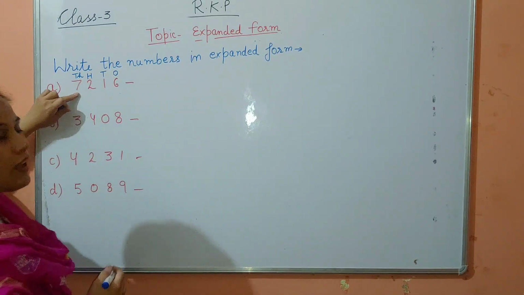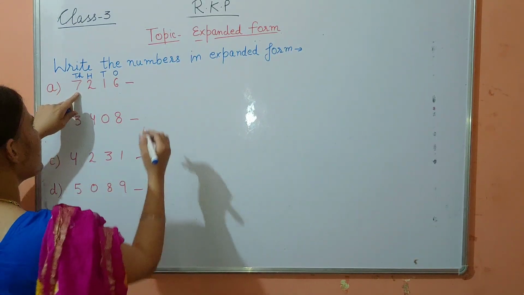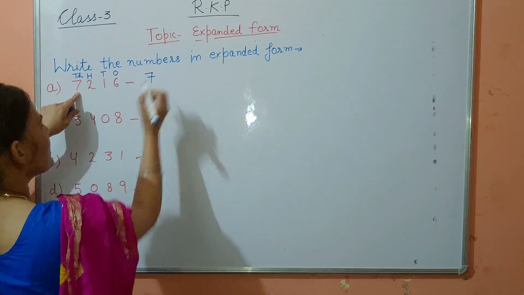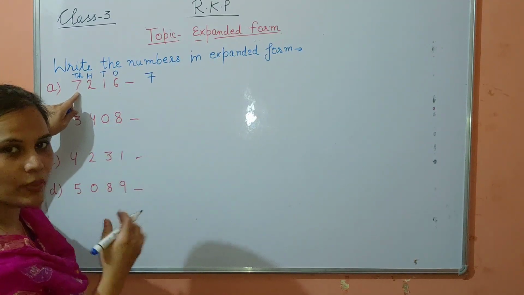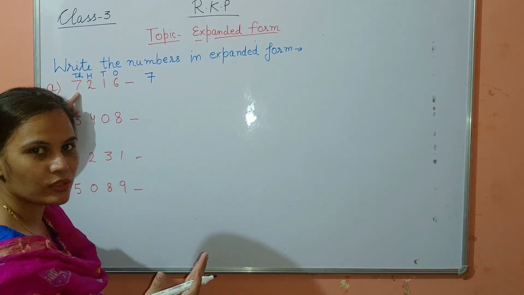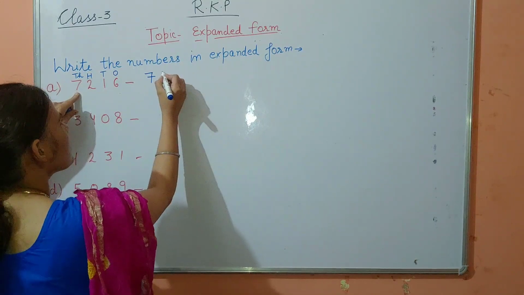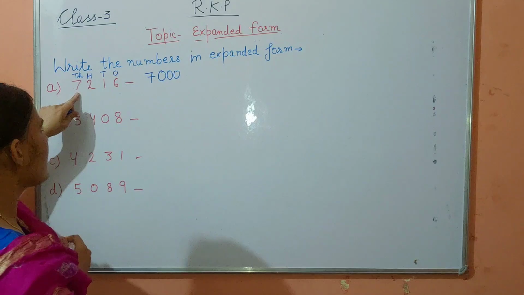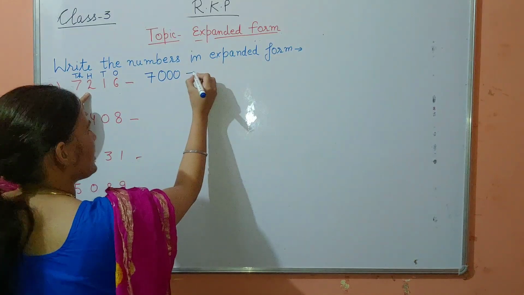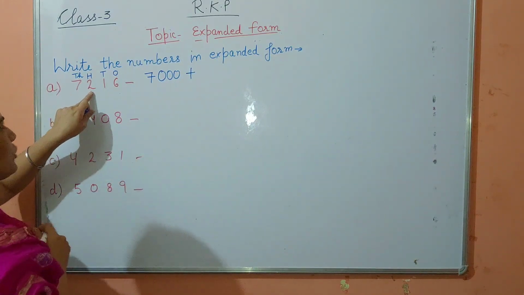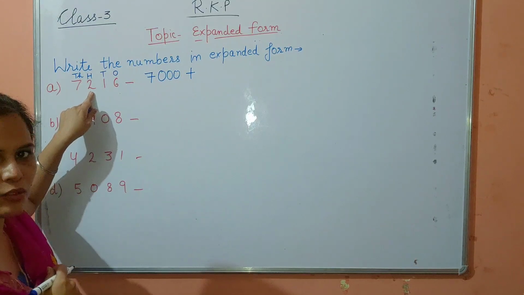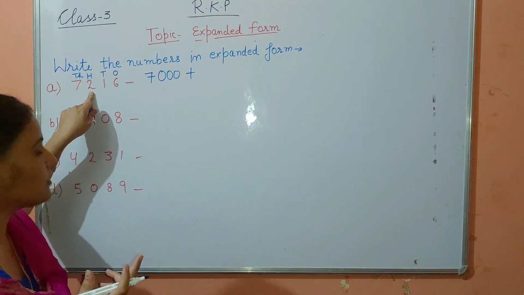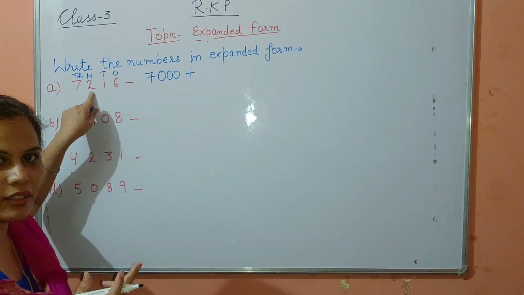So start from the thousand place. The digit is 7, and how many zeros will come in 1000? 3. So 3 zeros will come behind the 7. Now put an addition sign. 2 is at the hundreds place, so 2 is multiplied with 100.